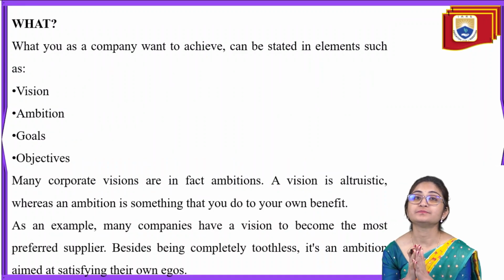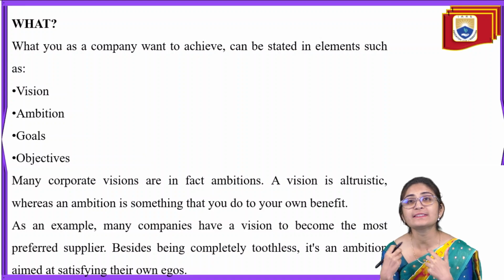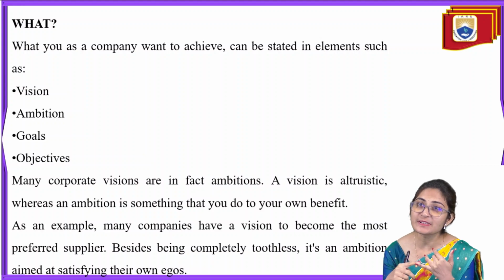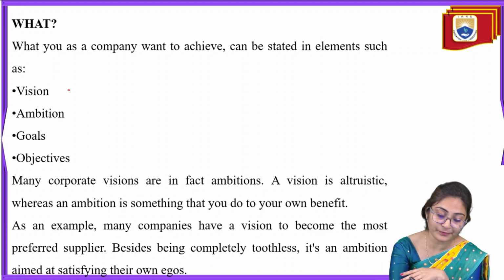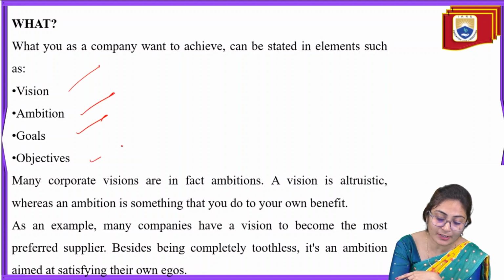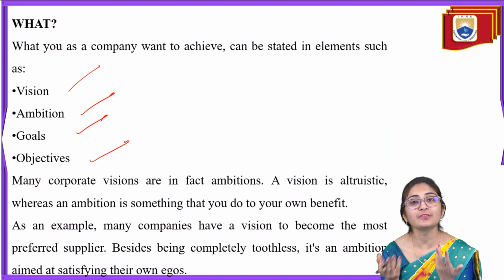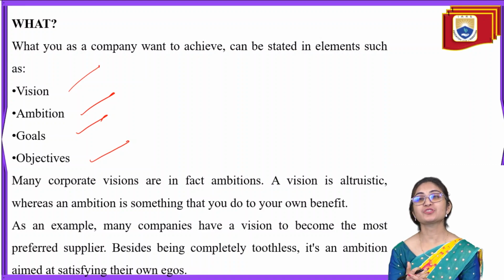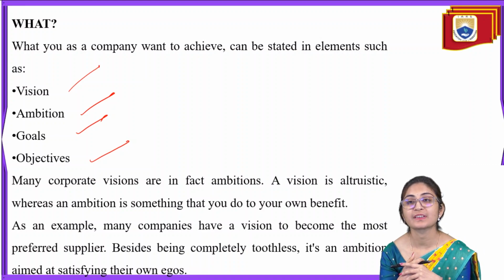Next one is the what: what you as a company want to achieve. It can be stated with elements like vision, ambition, goal and objective. There are so many things. Many corporate visions are in fact ambitions.